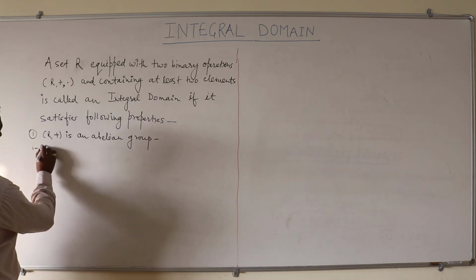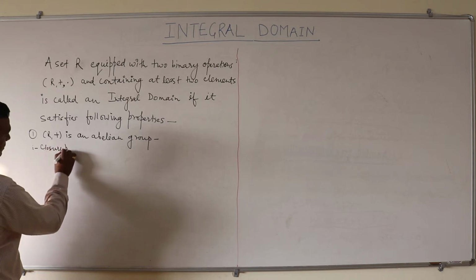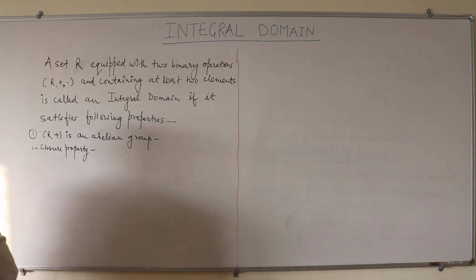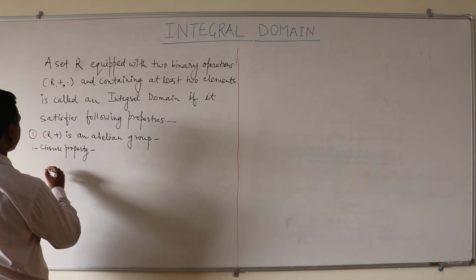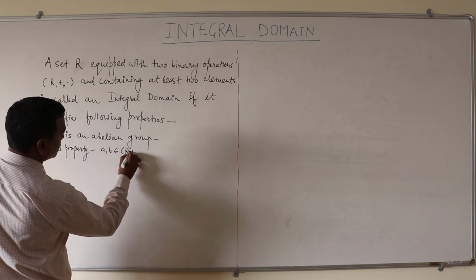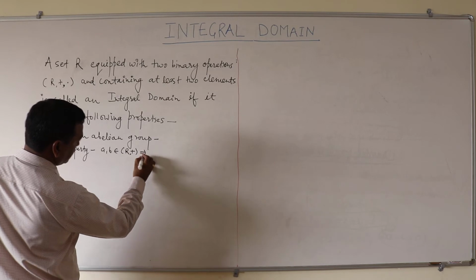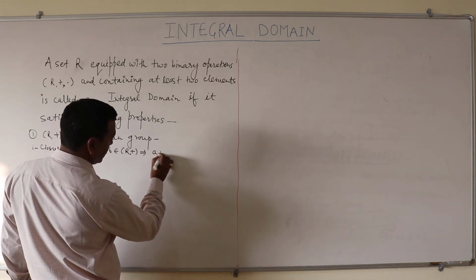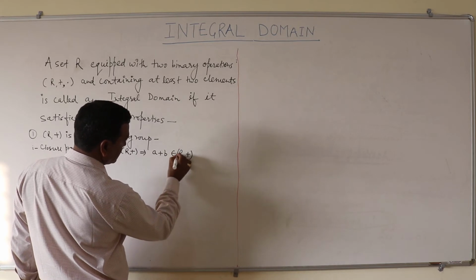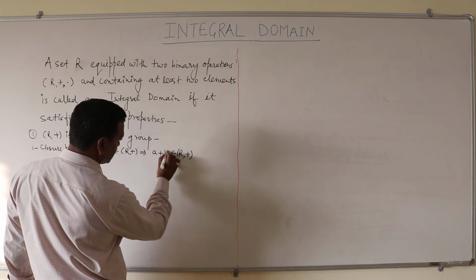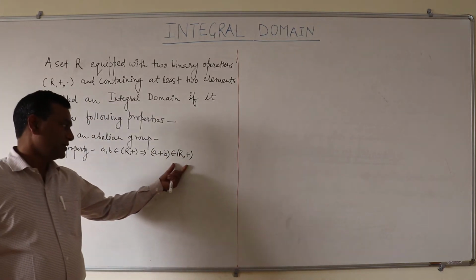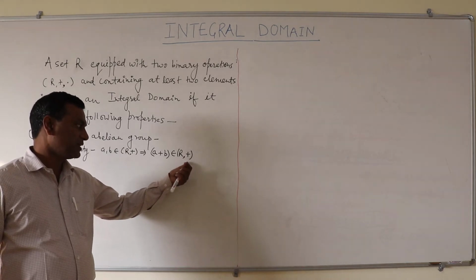First property is the closure property, that is, if a, b belongs to this R plus, it implies a plus b will also belong to this R plus. In this situation we can say this set is closed with respect to the binary addition.